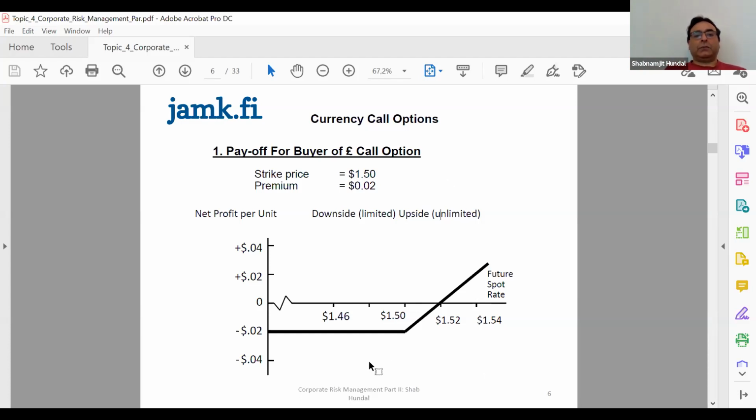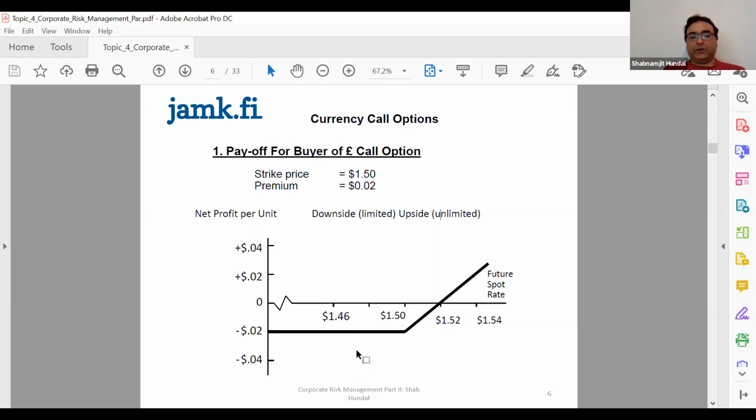Now, a situation happens. Imagine you are planning to make a decision to exercise the option. What is exercise? Exercise means you have the right to buy a pound at 1.50 American dollars. That's your strike price. Imagine you are either waiting till the end of the period or going to make a decision in between, and you find that the market price is 1.46.